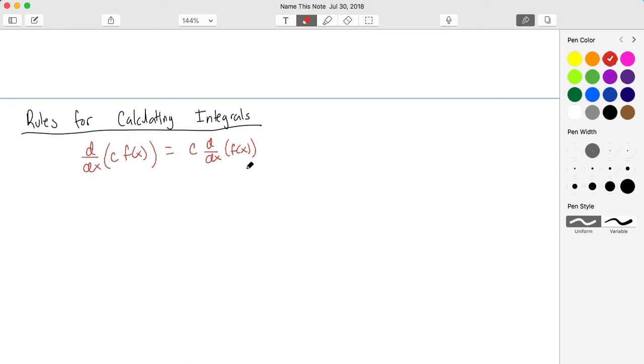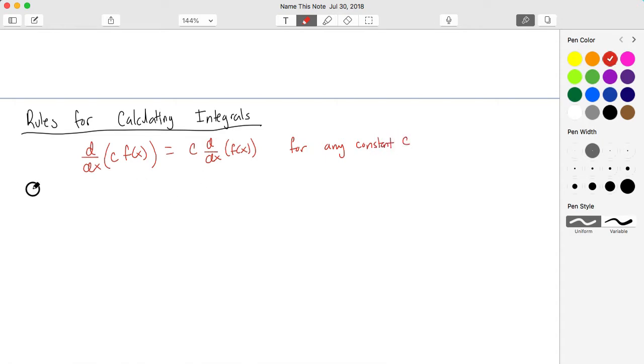So that was a derivative rule that we saw in our last video, and this works for any constant c, c being a real number.